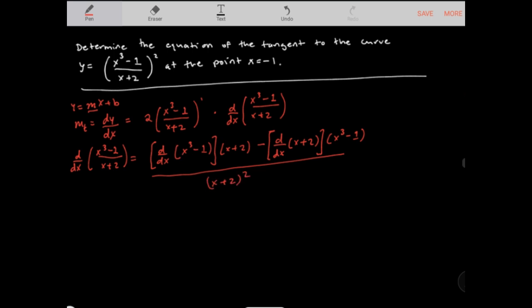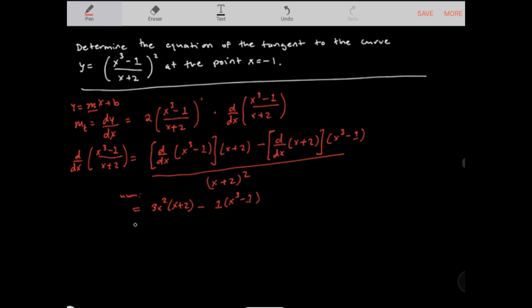If I clean this up, the derivative of x cubed minus 1 is 3x squared, times x plus 2. I'm just going to look at the numerator for the time being. Minus the derivative of x plus 2, which is 1, times x cubed minus 1.